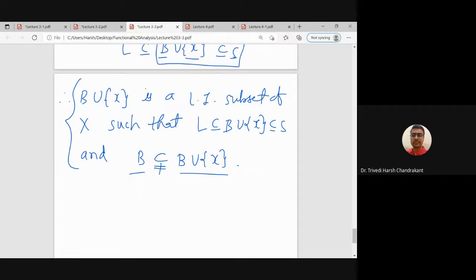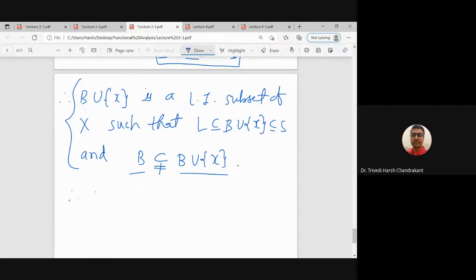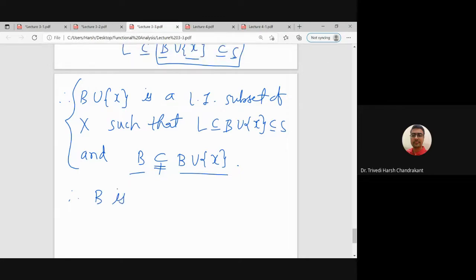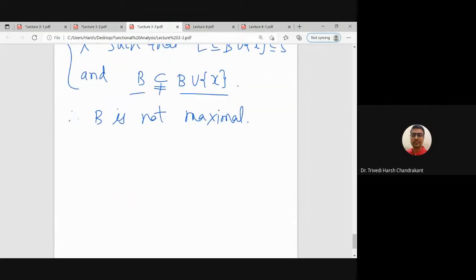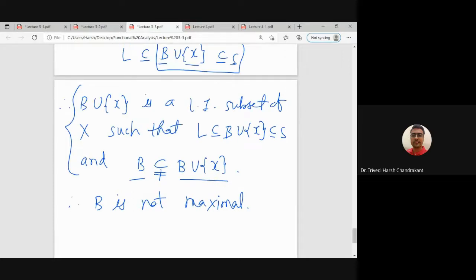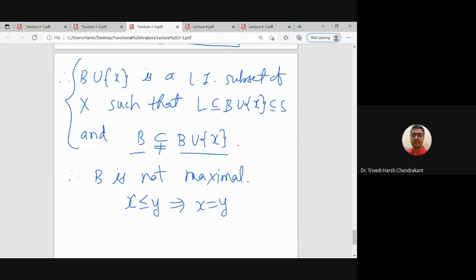So what does this mean? This means therefore B is not maximal. Right. So what is maximal? Maximal means if we have an element which is maximal, then x less than or equal to y implies x equals y.